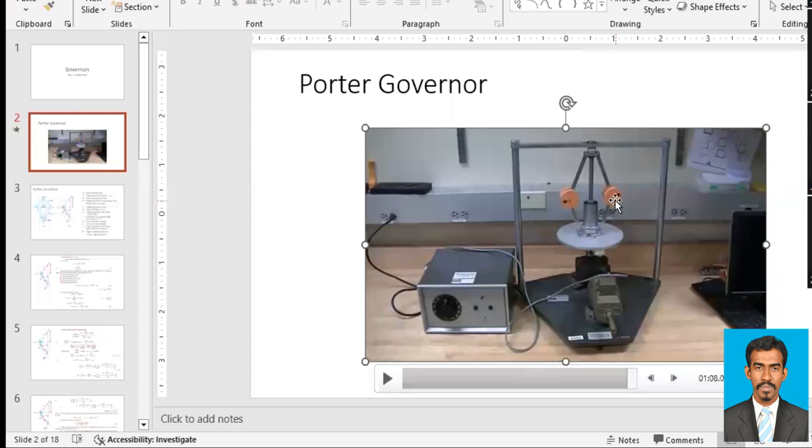And when we reduce the centrifugal force again, this will come down. And that is why it is called a centrifugal governor. The action is completed by virtue of centrifugal forces.